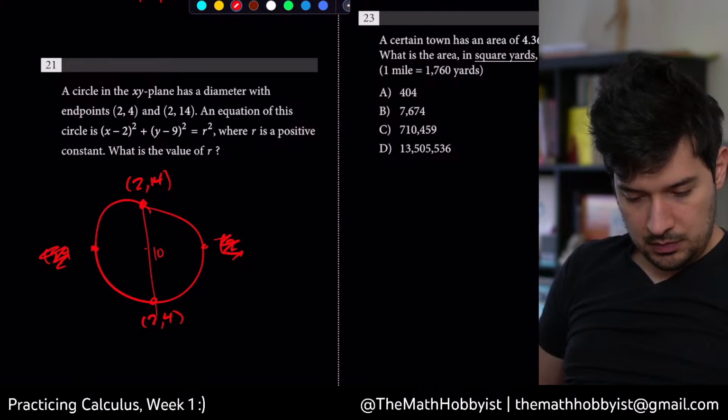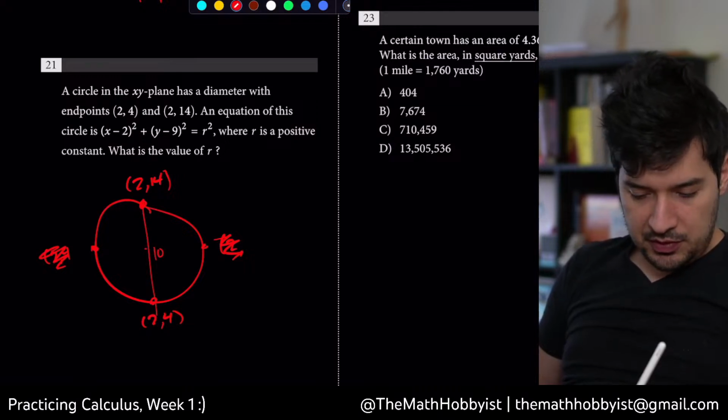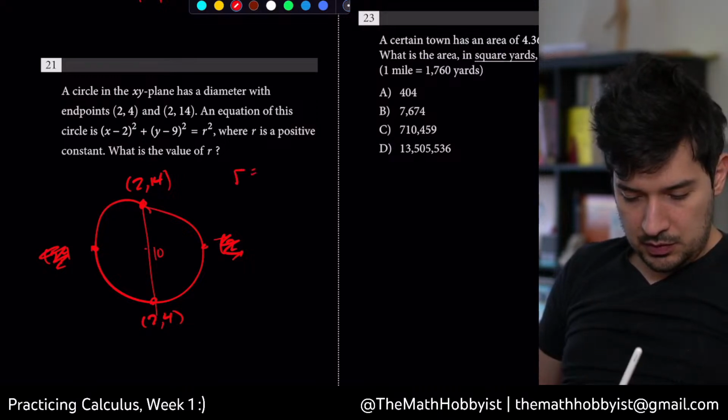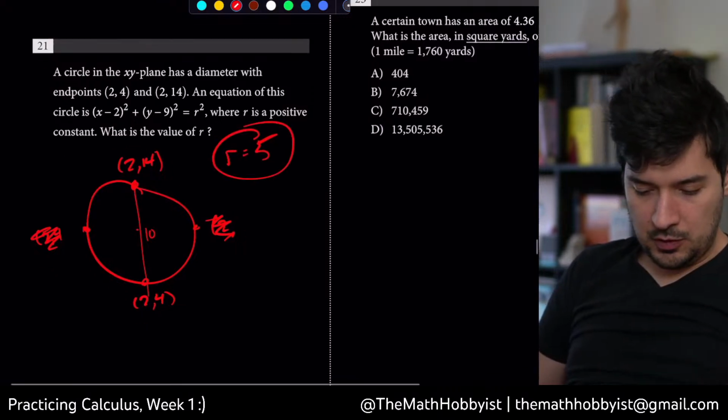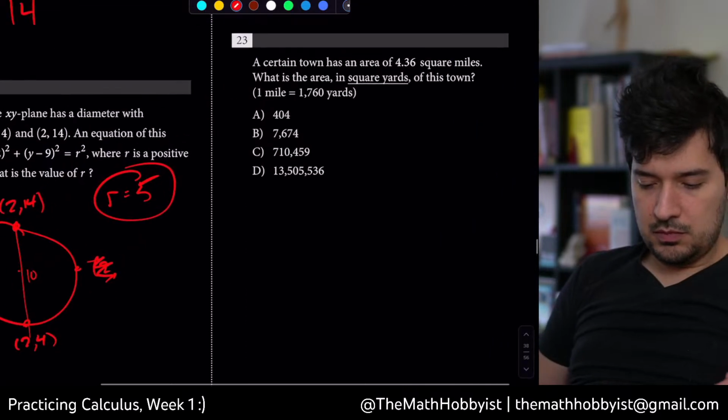Yeah. So the diameter was 10, so then r equals 5.